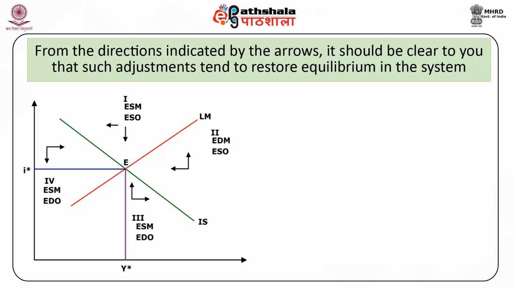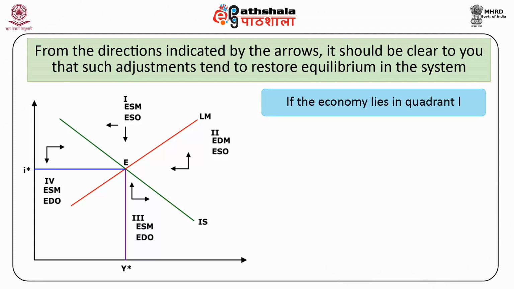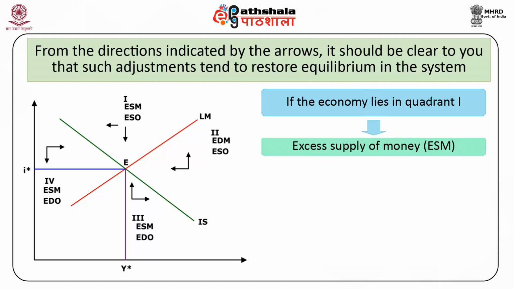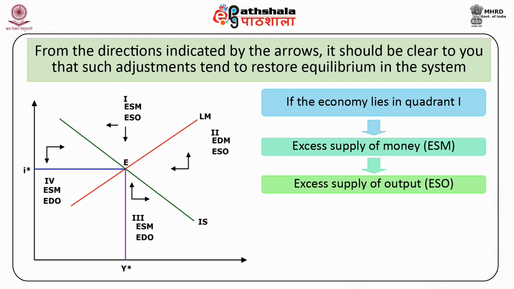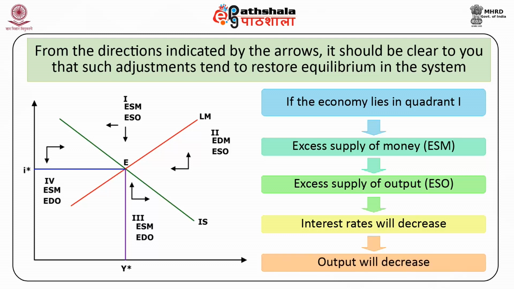For instance, if the economy lies in quadrant 1, there is excess supply of money (ESM) and excess supply of output (ESO). The interest rates will show a tendency to fall and so will output. This will result in movement towards the equilibrium E.